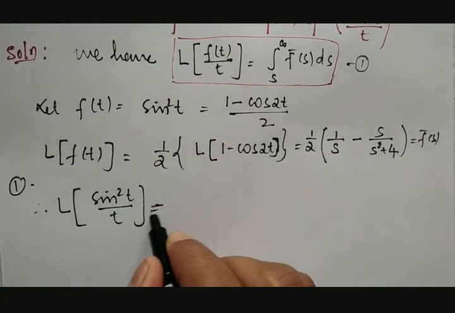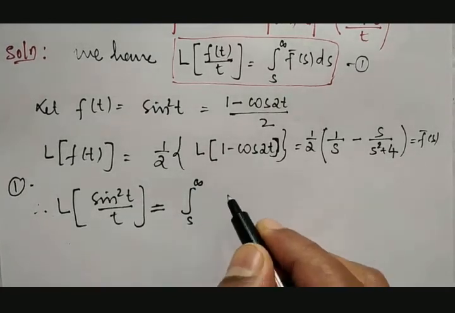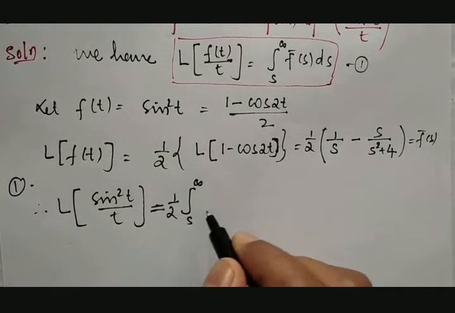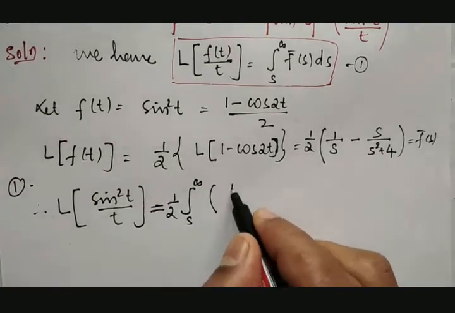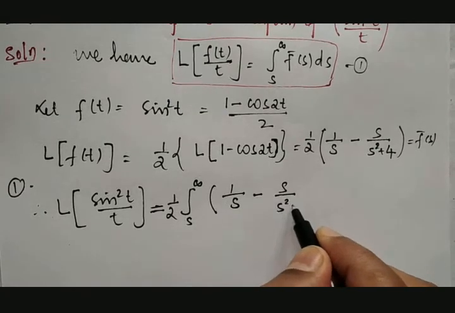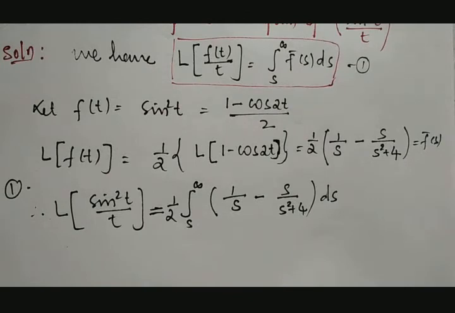The Laplace transformation of the given term, sine square t by t, is equal to the integration between s to infinity of f bar of s. What is f bar of s? 1 by 2 is taken out. Then it is 1 divided by s minus s divided by s square plus 4 with respect to s.